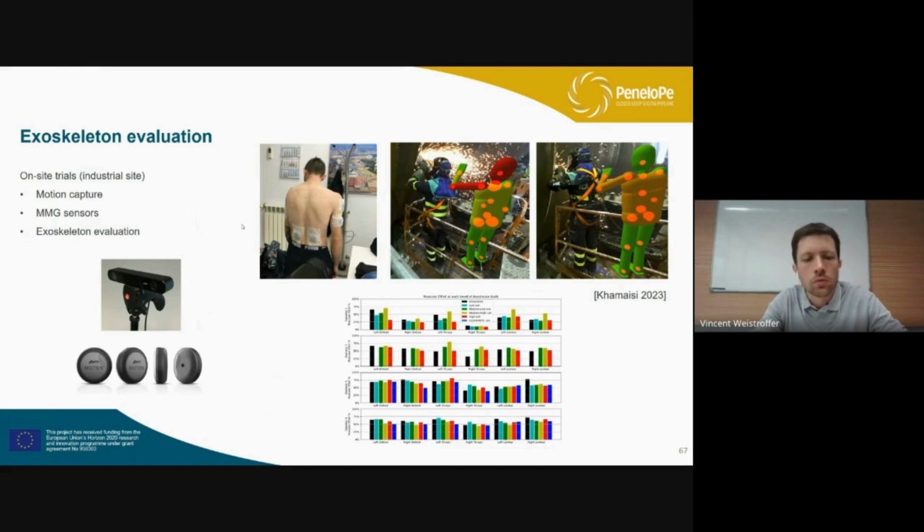With EMG, you would have to peel the skin to add some lotion on the skin also, and the location of the electrodes would need to be really precise. So they're quite complex to use. With these MMG sensors, it's quite easier to use in real situations in the industry. That's my point of view.